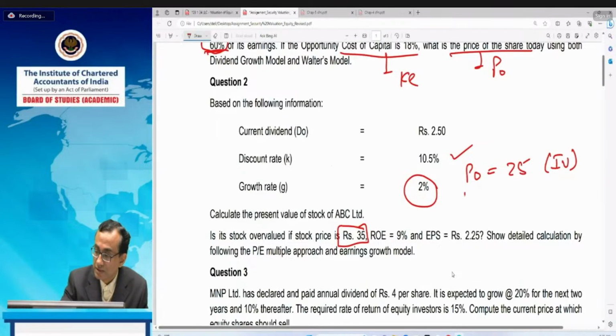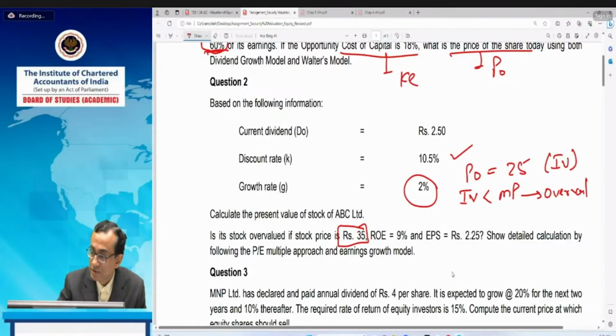As we have discussed during our lecture also, if the intrinsic value is less than the current market price per share, it can be considered that the company is overvalued.